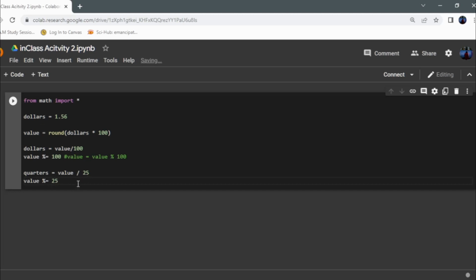It's the same here. Value is equals to value modulo 25 for quarters. So it goes back here. This is the new value.